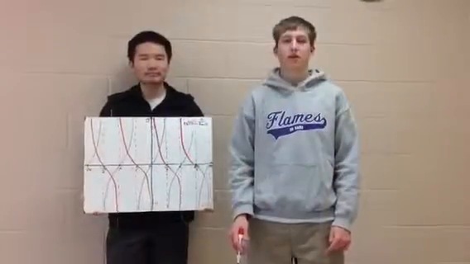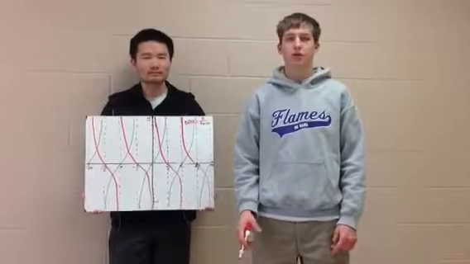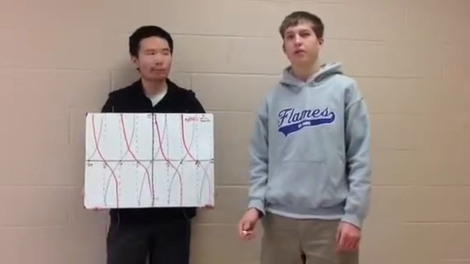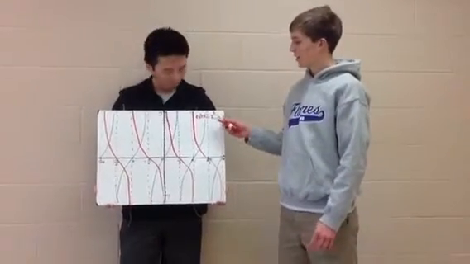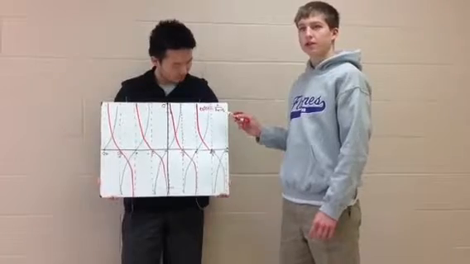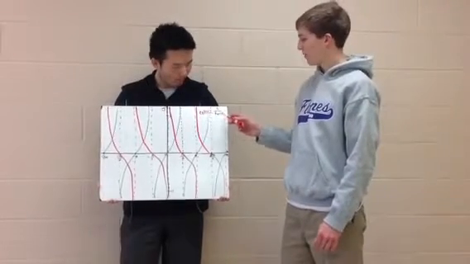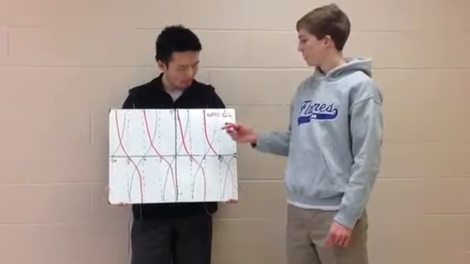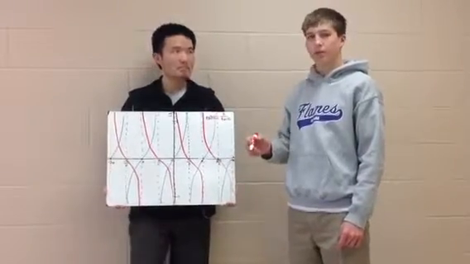Now that you learned how to graph tangent x, we can figure out how to graph cotangent x by using the definition for cotangent. Cotangent x is equal to 1 over tangent x. So we can just pick a point for wherever tan x equals something and divide 1 by that number.